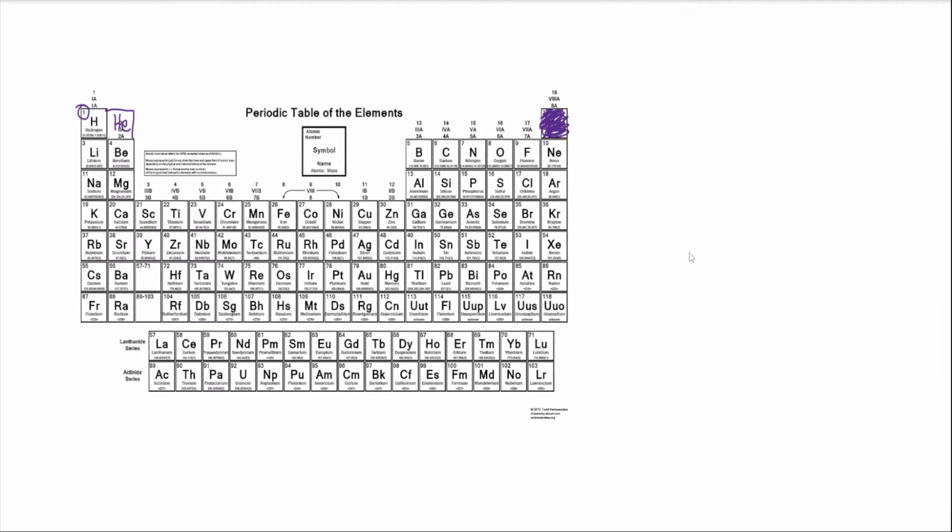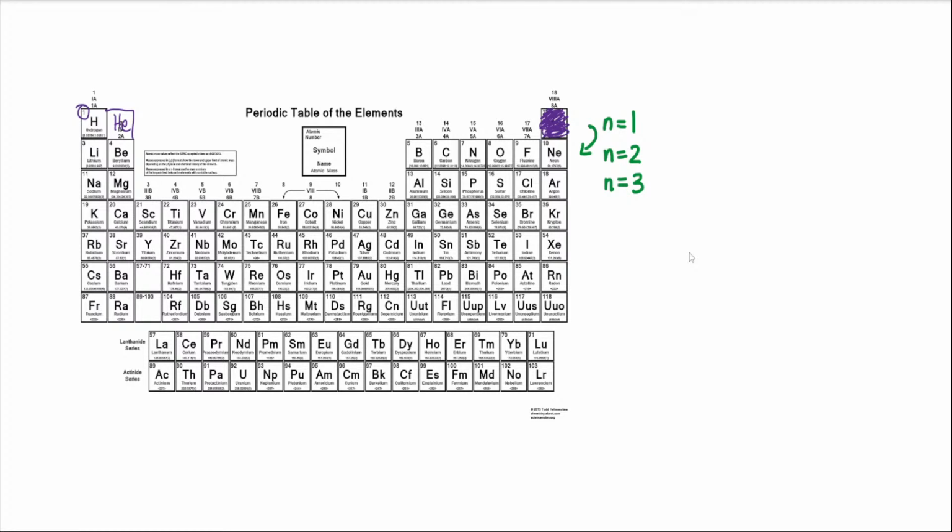The reason I want to put it here is that we jump to a new level when we get to a new N value, a new shell. So every letter here represents a shell, or every level, sorry.